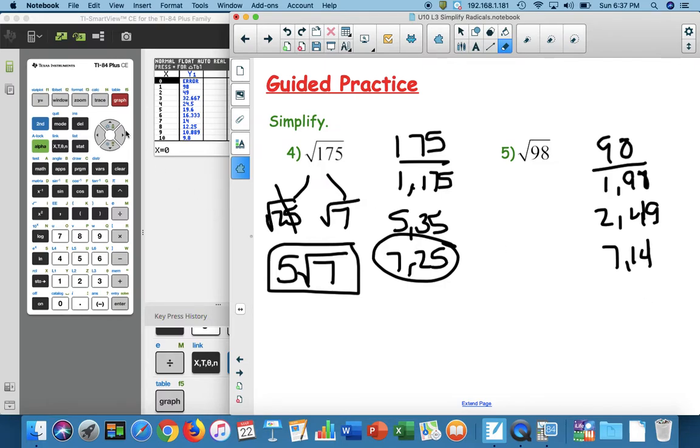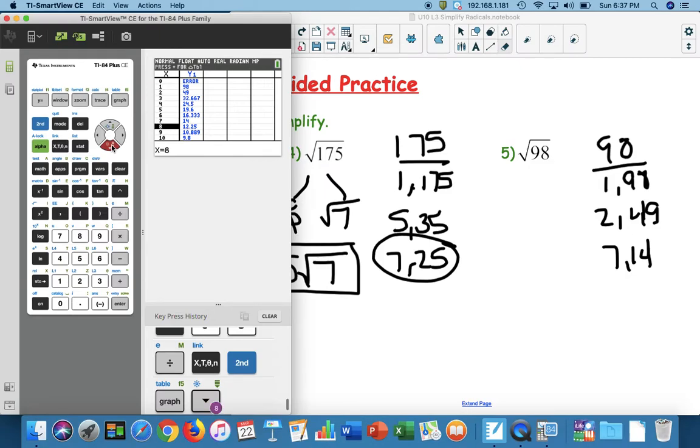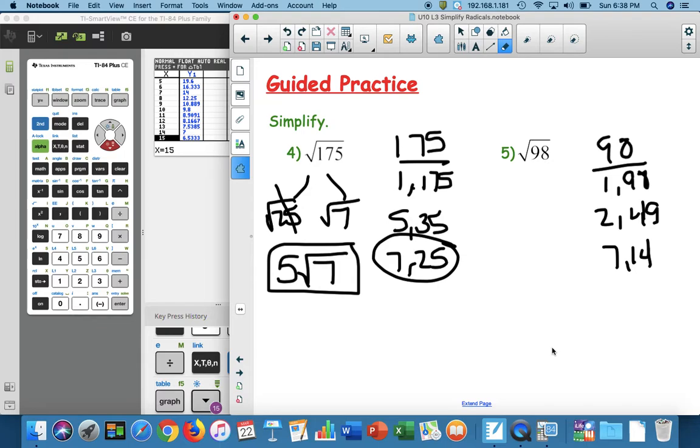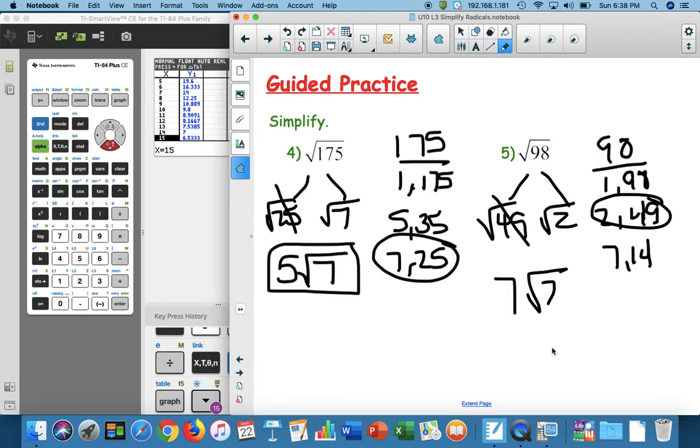Is that it? Any more? I just want to make sure I'm not missing any. That's it. I think I found my answer already: 2 and 49. Square root of 49, square root of 2. The square root of 49 is 7, and the 2 we leave alone.